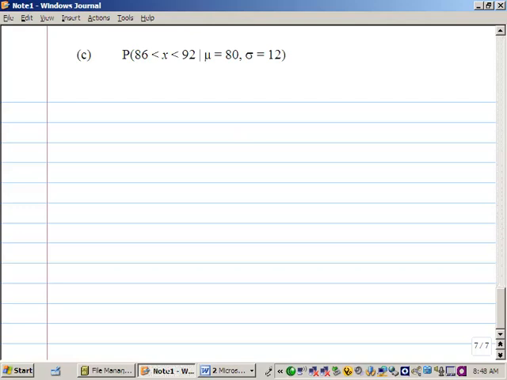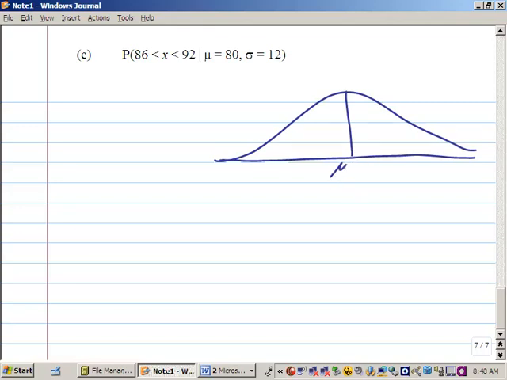This next example gets us a probability with 2 limits, mean of 80, standard deviation of 12. Alright, mean of 80. Lower limit is 86, which is above 80. Upper limit 92, which is above that, of course.